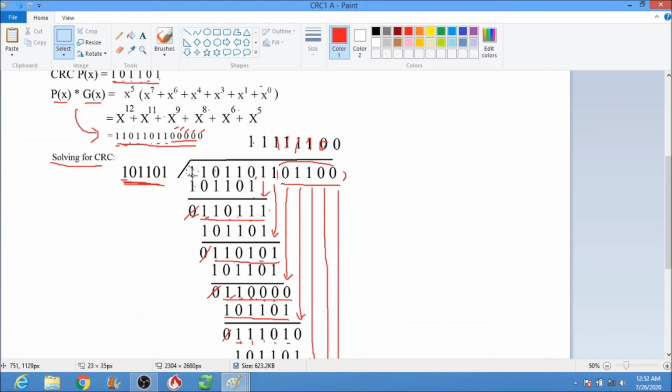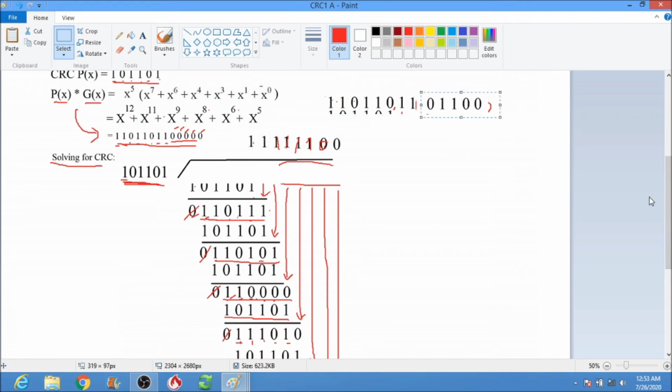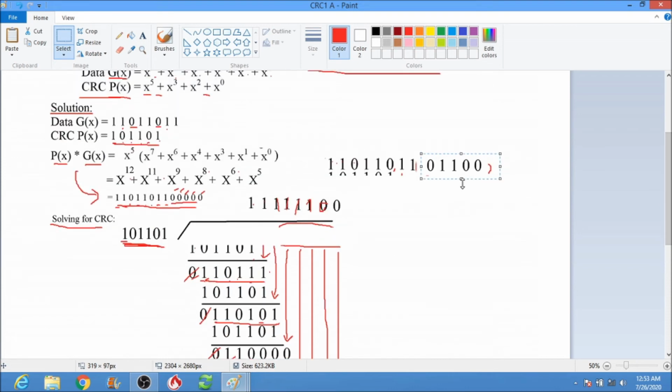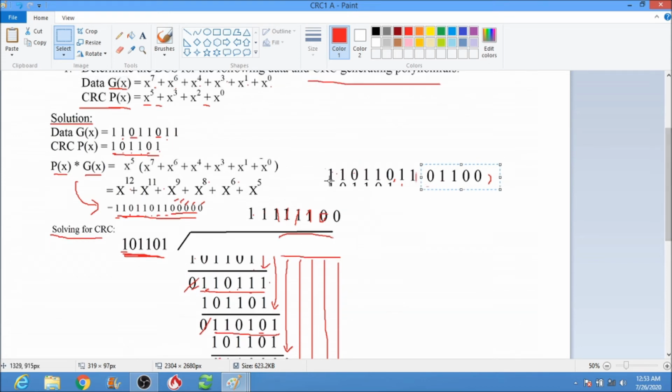That is, this is your data GX and this is your CRC, generating polynomial that we will append to our data GX. So this will be our data to be transmitted.